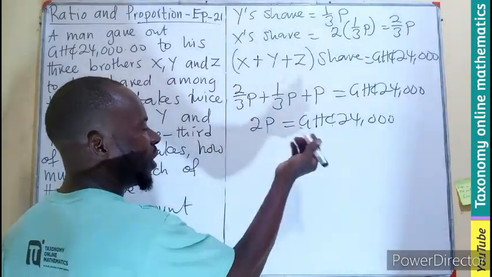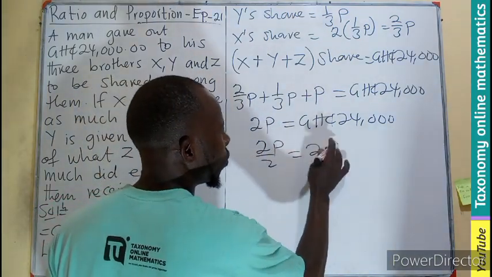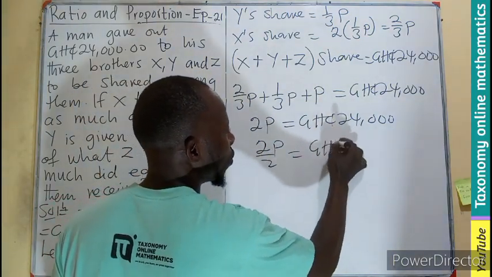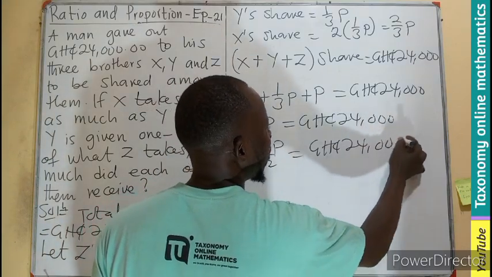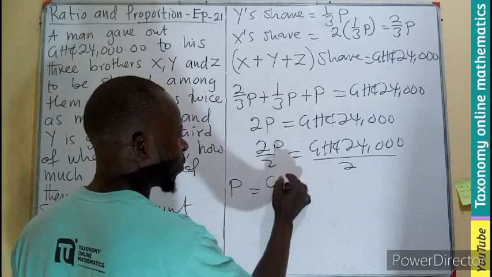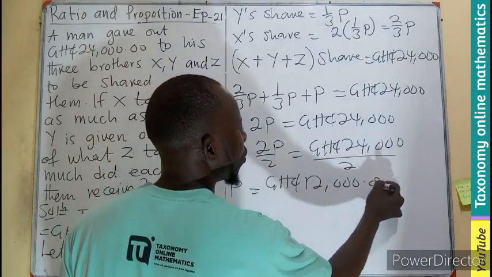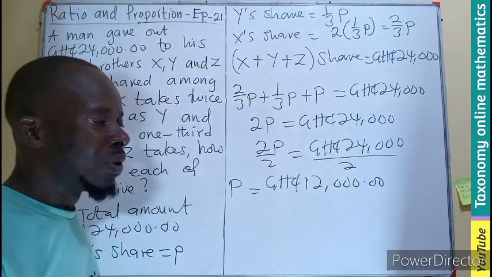Then I'm looking for P, so I divide both sides by 2. 24,000 divided by 2, so the value of P becomes 12,000.